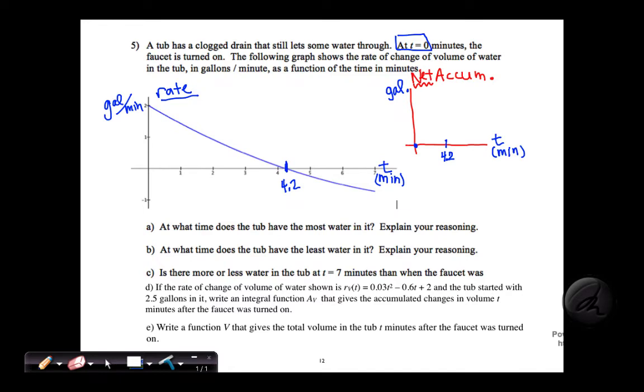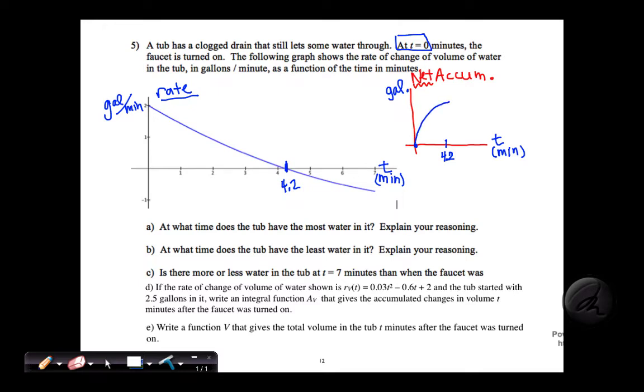Is it going uphill at a constant rate in a straight line sort of formation? No, uphill here means accumulation. So I am accumulating first around 2, and then it gets lower and lower and lower. So I'm accumulating water in the tub first more quickly and then more slowly.